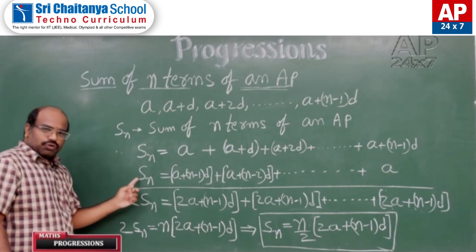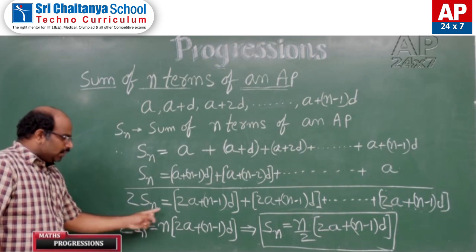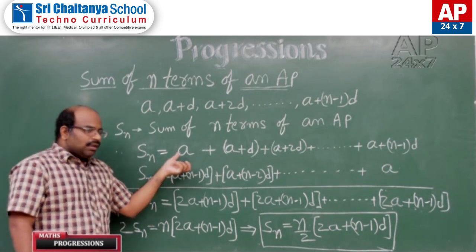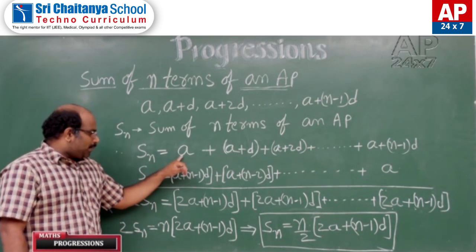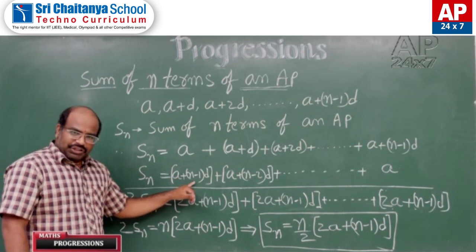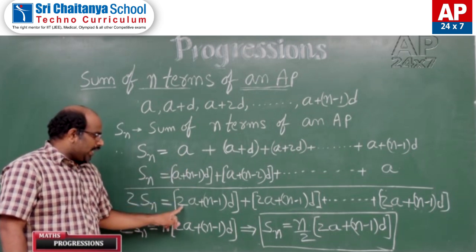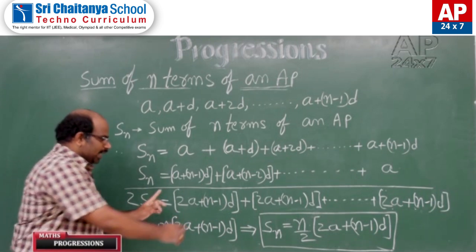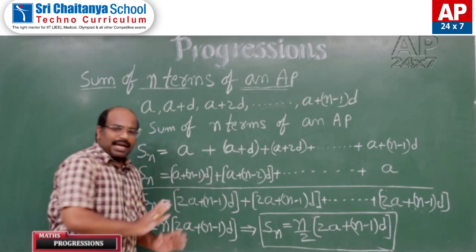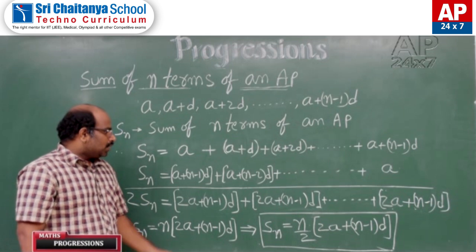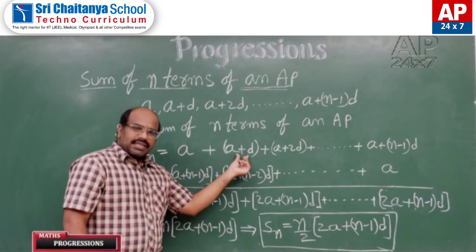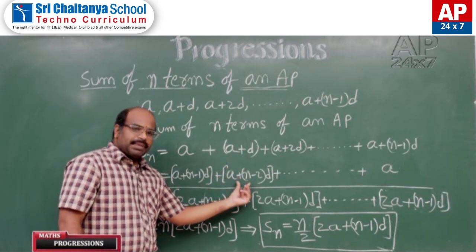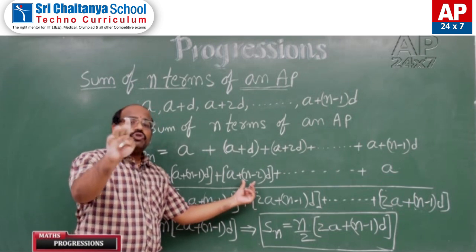Sn plus Sn, 2 times, means it is 2Sn, which is equal to, adding term wise, a plus a plus n minus 1 into d, that is 2a plus n minus 1 into d. Keep this entire value in a square bracket for our convenience. Now, see here the second term is a plus d, here the second term is a plus n minus 2 into d.